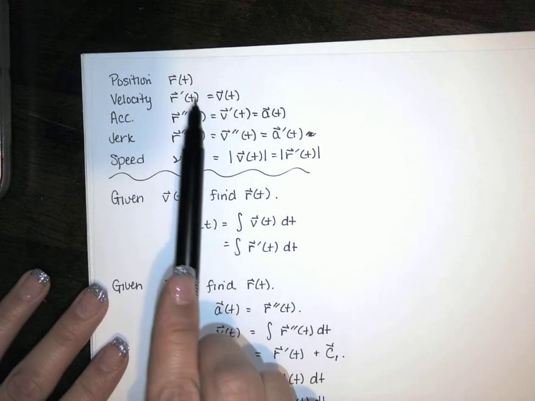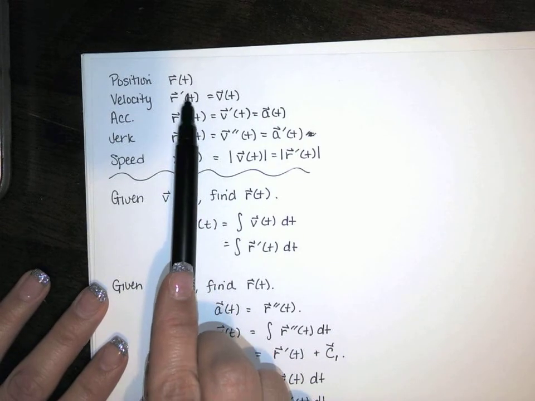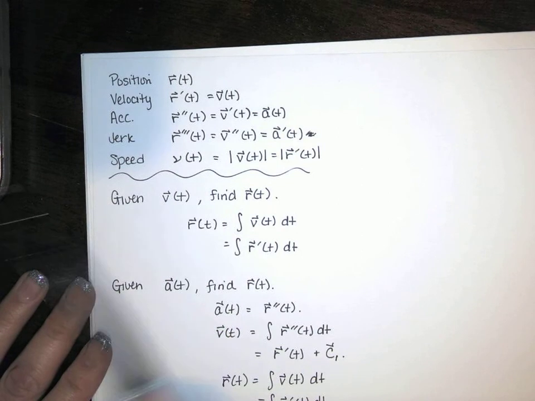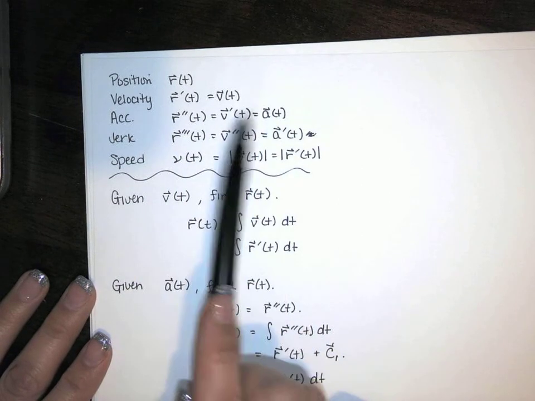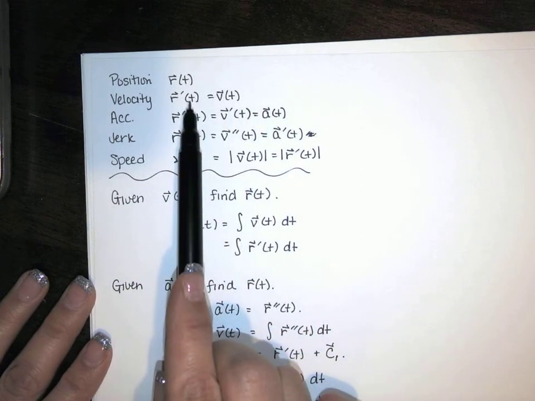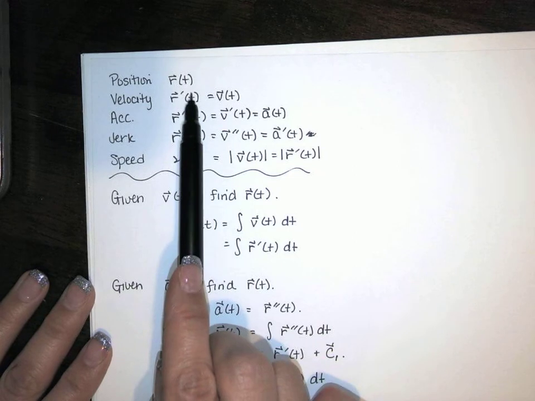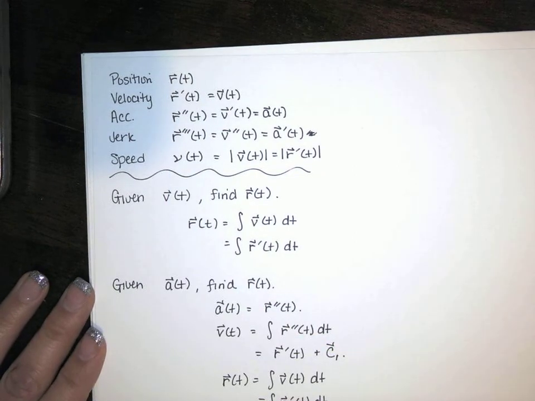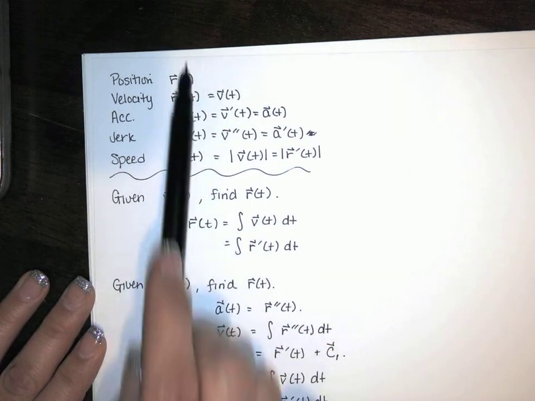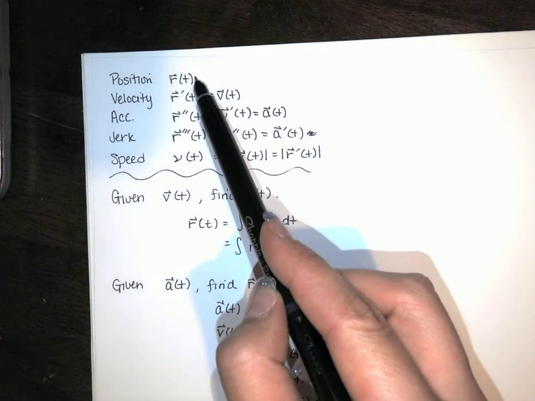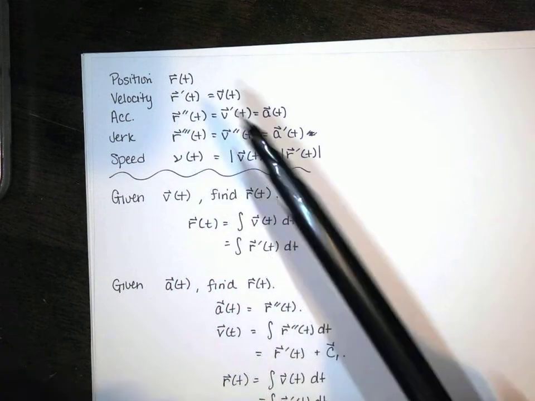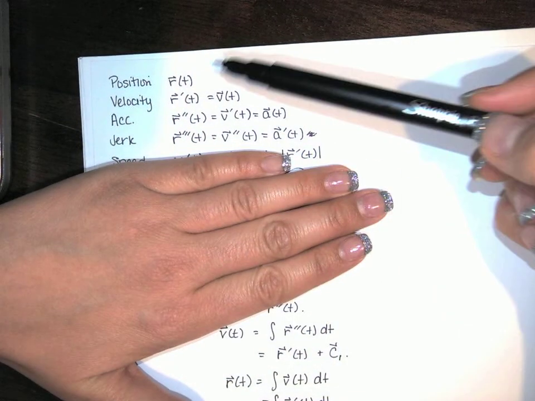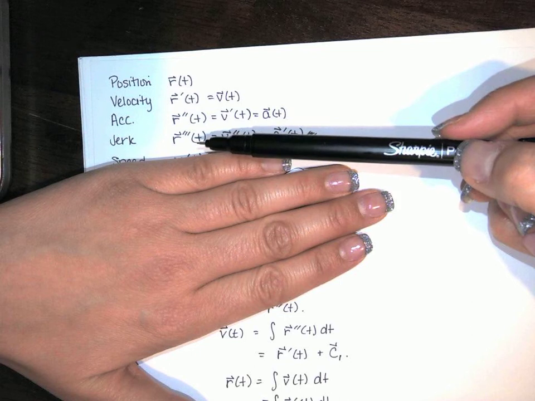So if I give you velocity, we can anti-differentiate to find position and differentiate to find acceleration. If I give you acceleration, we can differentiate to find jerk, anti-differentiate to get velocity, anti-differentiate twice to get position. So you can go up and down this. As you're going down, you're taking more derivatives until you get to the speed, that's different. So if I want to go from here to here, I just keep taking derivatives.